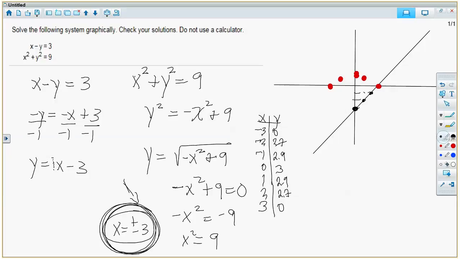Now again, we see that the curve is going somewhere like this, and it looks to me like it's going to intersect at two different points, here and here. Now, to find out where they intersect, you can set them equal to each other. You could try that algebraically, but the directions are telling you to find it with your graphing abilities.